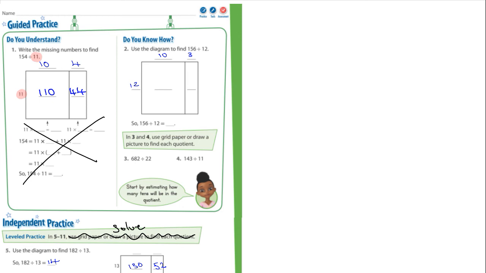So the first area that I'm going to ask about would be the 10 and the 12, and that would be this area right here. And the second one I will ask about would be this right here, which would be the 3 and the 12.